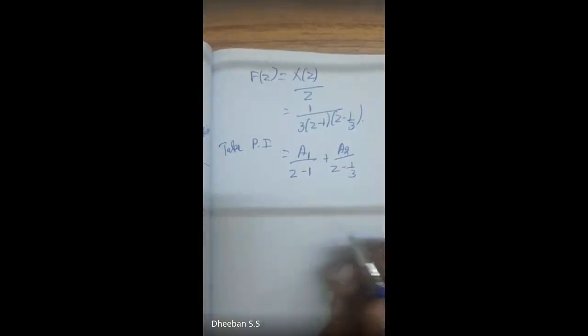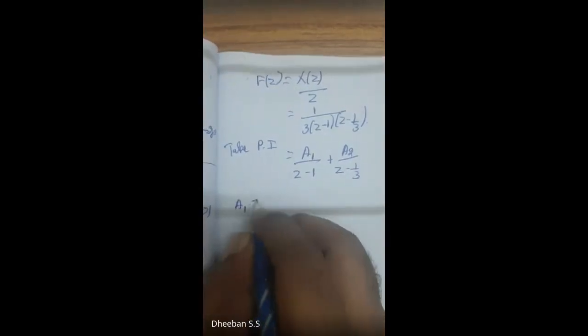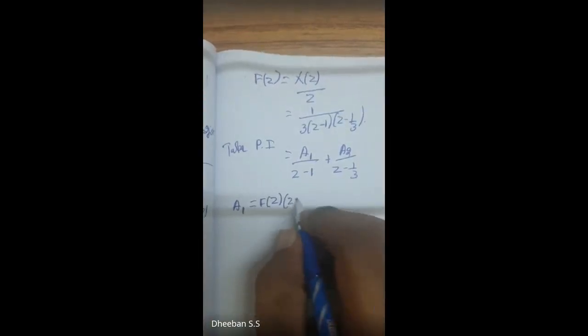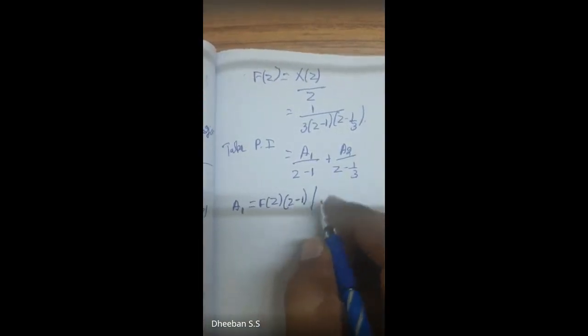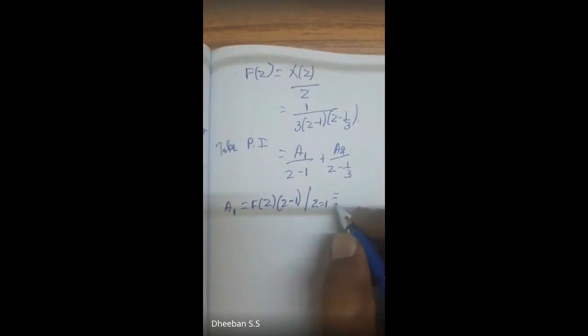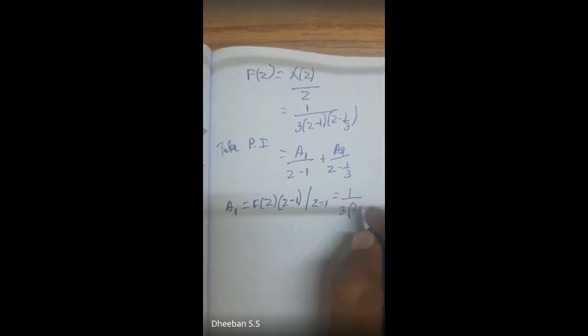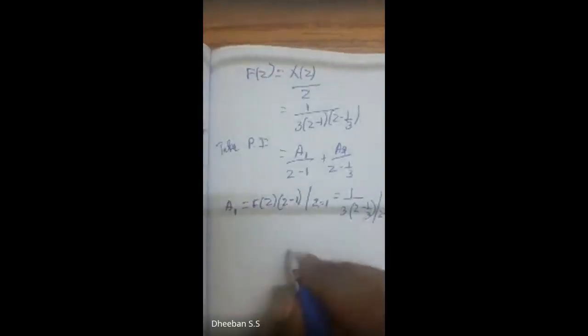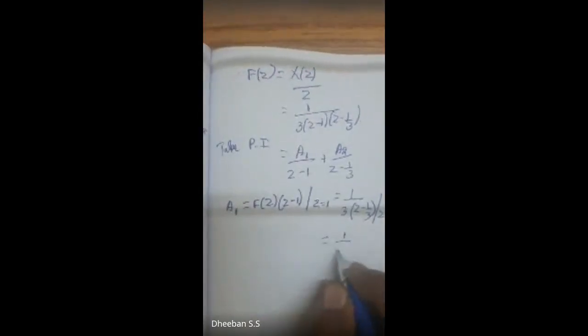How can we find A1? A1 is F of z times (z minus 1) at z equal to 1. We'll be getting 1 by 3 (z minus 1 by 3) at z equal to 1, which is 1 by 3 into 2 by 3, which is nothing but 1 by 2.